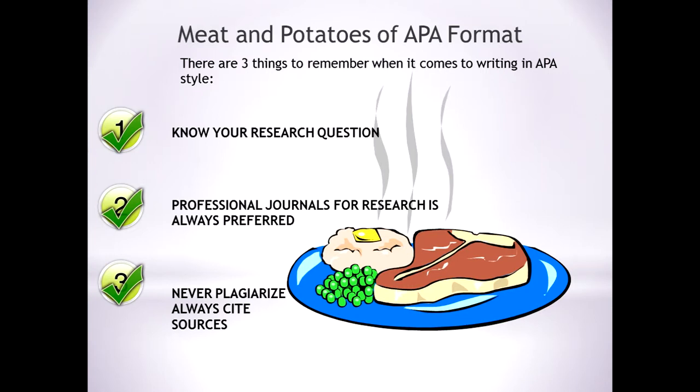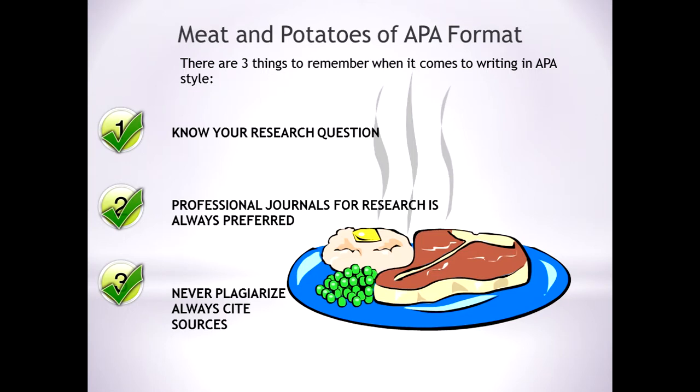So not to digress, professional journals for research is always preferred. A lot of times I see papers where people put very minimal effort into it. What they'll do is they'll go online, they'll Google their topic, and they'll take the very first thing. They won't even go to page 2 of Google. They'll just take whatever pops up there first, and they'll cite it.